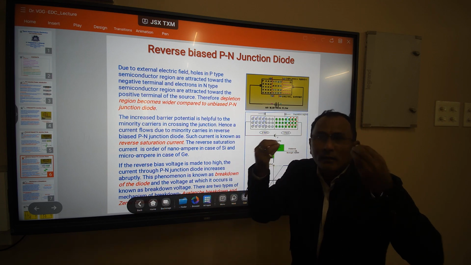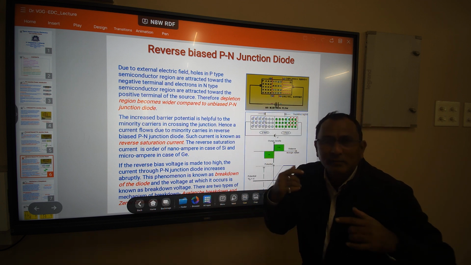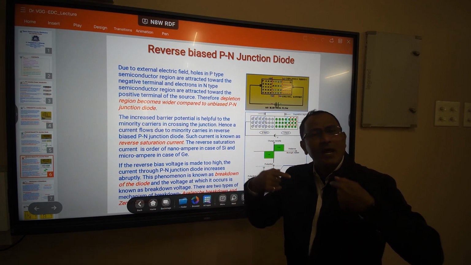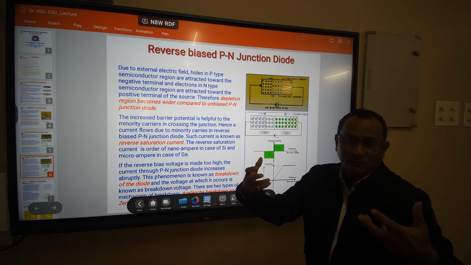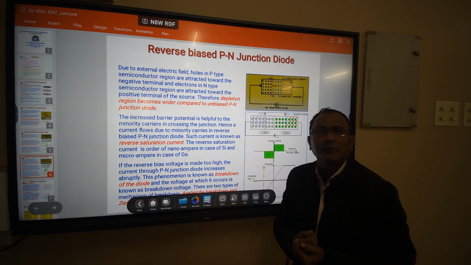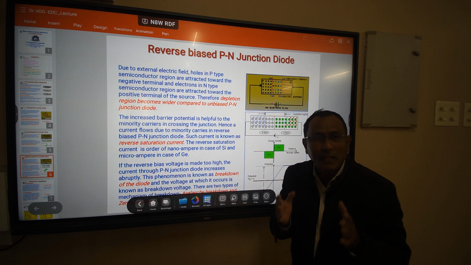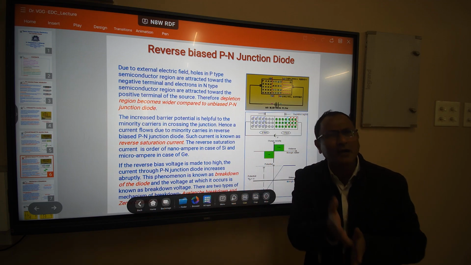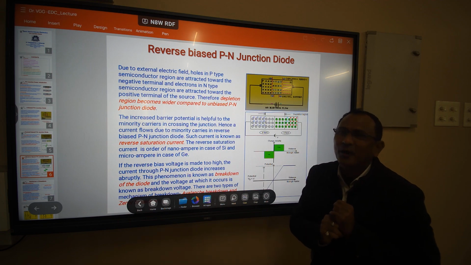They will start recombining, and not only that, they will break other covalent bonds also. Because of the breaking of these covalent bonds, the number of electrons and minority holes will increase, and at one point a heavy current will flow through this device, which is known as the breakdown voltage.